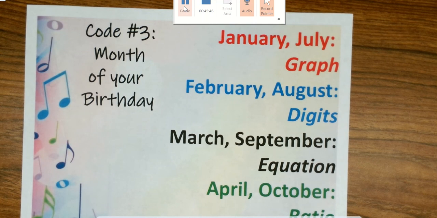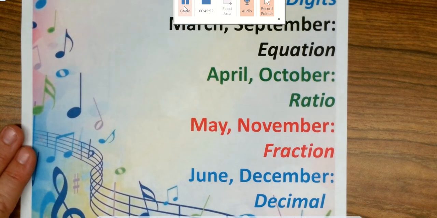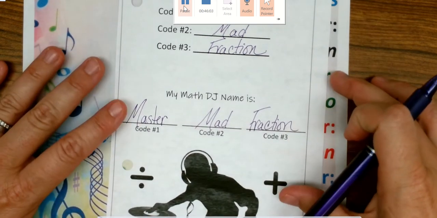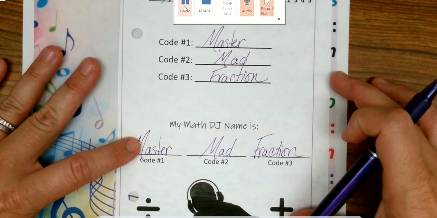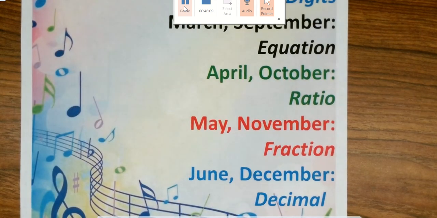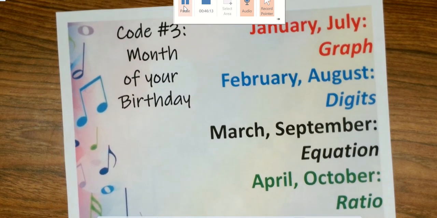When's your birthday, Master Traster? My birthday is Cinco de Mayo. I am May 5th, so I am a fraction. So I gotta write it down on the bottom. I've got a new DJ name this year. My new DJ name is Master Mad Fraction. Nice. What about you? My birthday is in February.